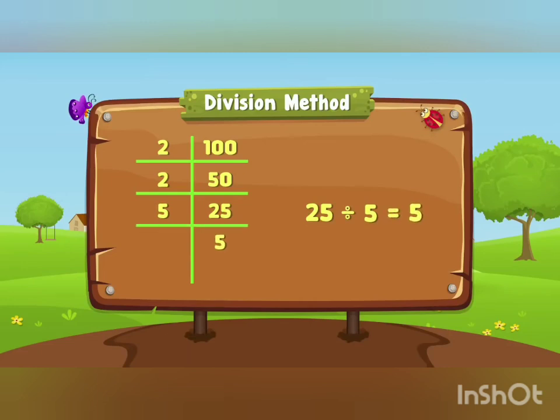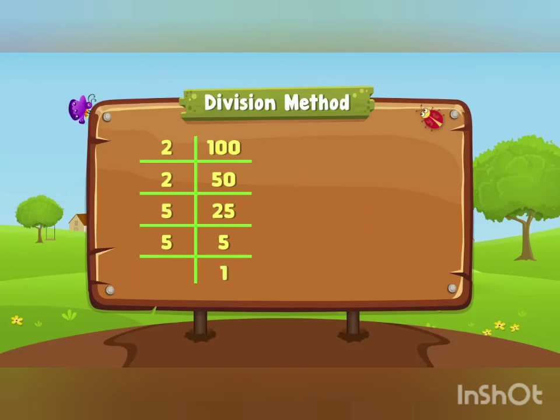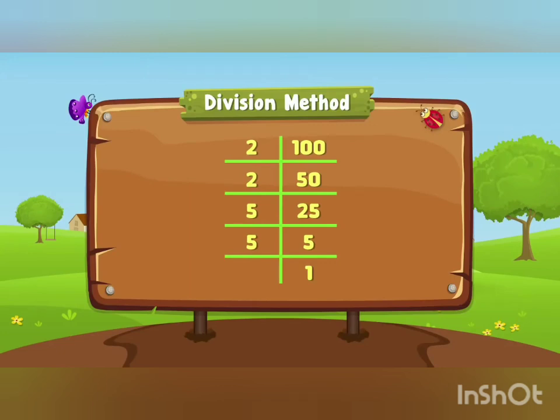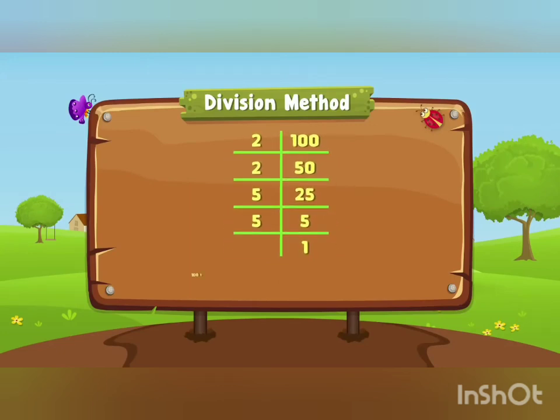We get 5 as the quotient. We again divide 5 by 5. As 5 is a prime number, we get 1 as the quotient. Now, as we get 1 as the quotient, we stop the division. This way, we can prime factorize 100 as 2 into 2 into 5 into 5.